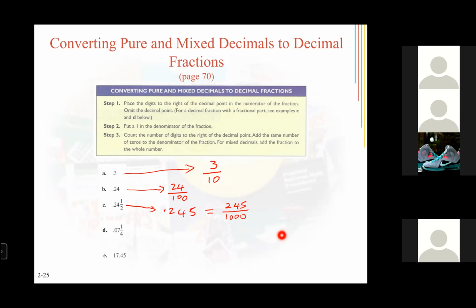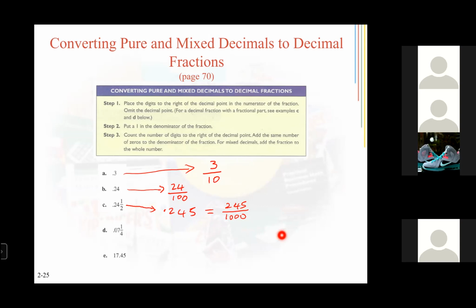This is the only book I've seen it in. So it's very unlikely that you're going to see this anywhere else. But since it's here, I just want you to understand how to represent it as a straight decimal.